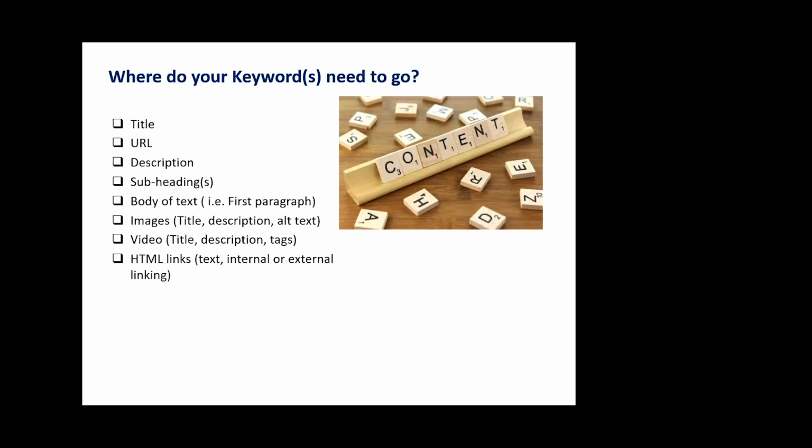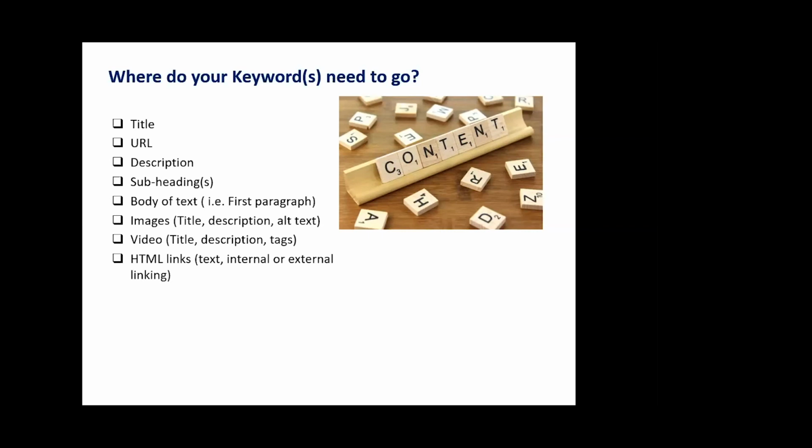Alt text is for people who are blind or don't have very good eyesight, and on their machines they have an audio device that describes the image using the alt text, but because of that, it has a strong SEO value.